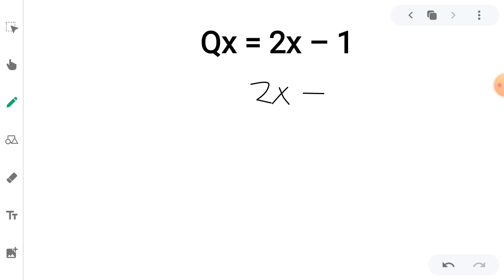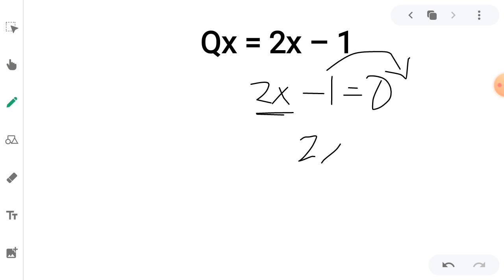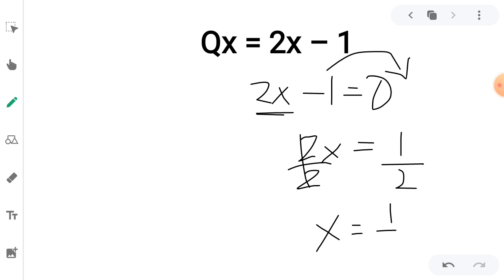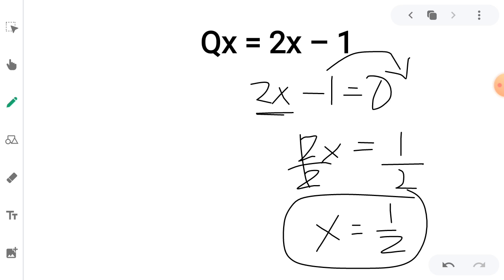So 2x minus 1 is equal to 0. To isolate the variable x, we need to transpose the negative 1 to the right side. So 2x is equal to positive 1. Then we divide both sides by 2. So the value of our x now is 1/2.